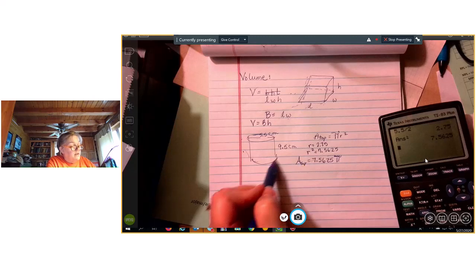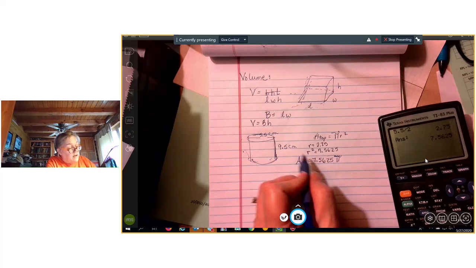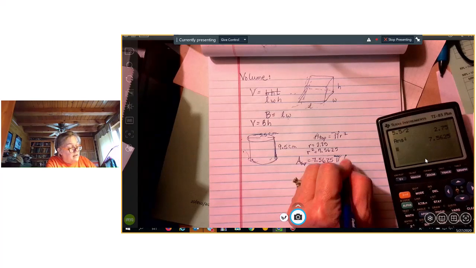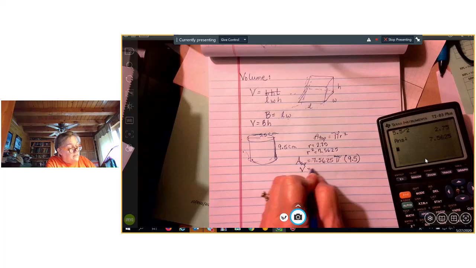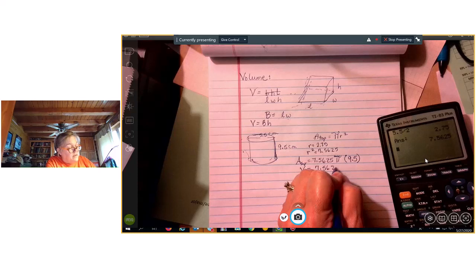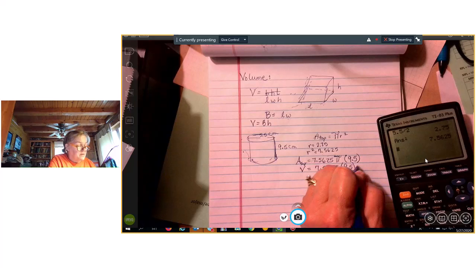And then what did we do to find the rest of our area? The area is going to be times the height. So I'm going to say this times 9.5, and the volume is going to be 5.5625 times 9.5 times pi.